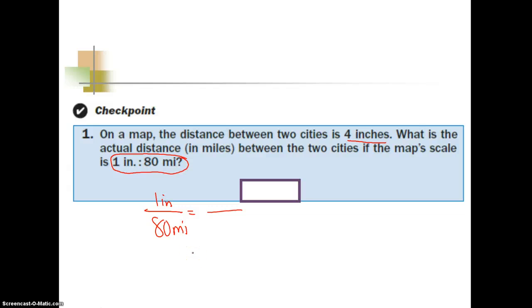You can tell that we need to put 4 inches in the numerator, because 1 inch is in the numerator of the scale. So we need to find the number of miles. Do your cross products. 320 miles is the actual distance.